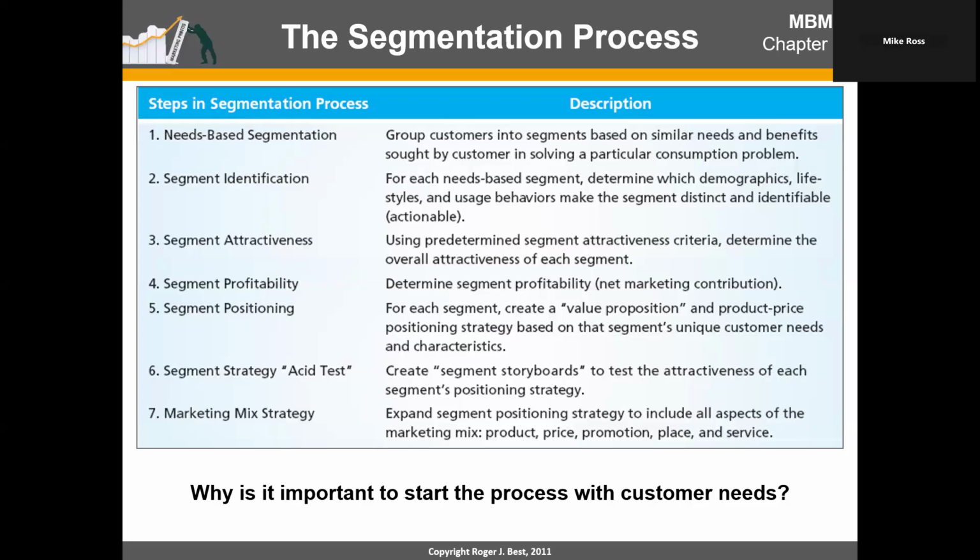Place. How do I buy this? Can I buy it online, or do I have to go to a physical place to buy it? Right. And then are there services associated with it?